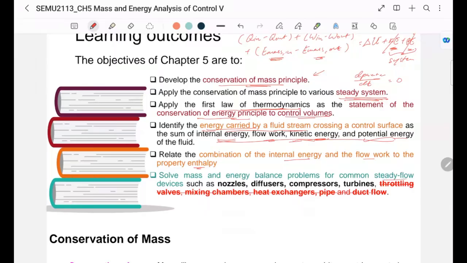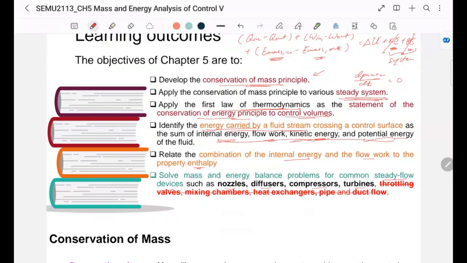So we'll be looking at a few steady flow devices. Specifically, we're looking at 4 only: nozzle, diffuser, compressor, and turbine. There are more, but as I'm being told, it's not in the syllabus of your subject here, because you are learning the very fundamental thermodynamics.